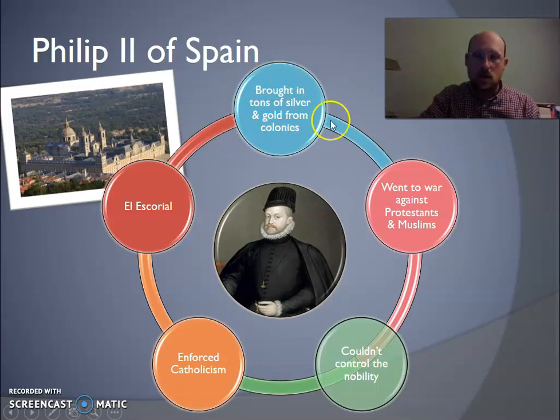So to help strengthen the economy, he's bringing in literally tons and tons of gold and silver from the New World. And that's helping him build up the Spanish economy, although for reasons we'll see, not as well as maybe he could have. He considered himself an extremely Catholic monarch, both personally and politically. So within his realm, he enforced Catholicism.